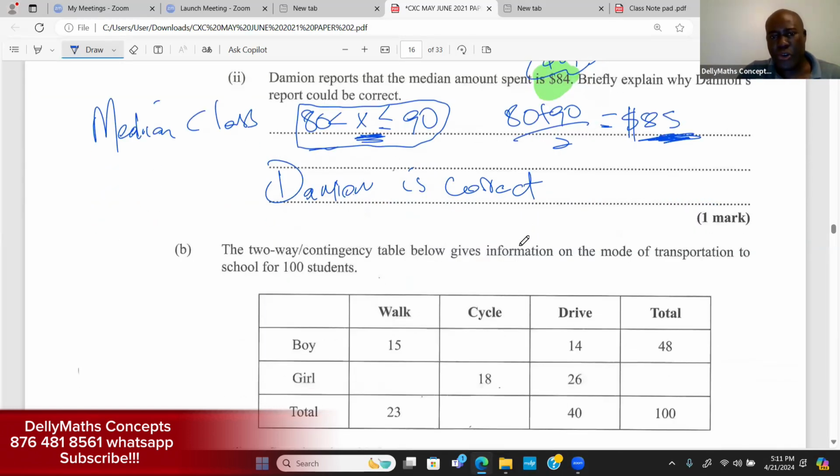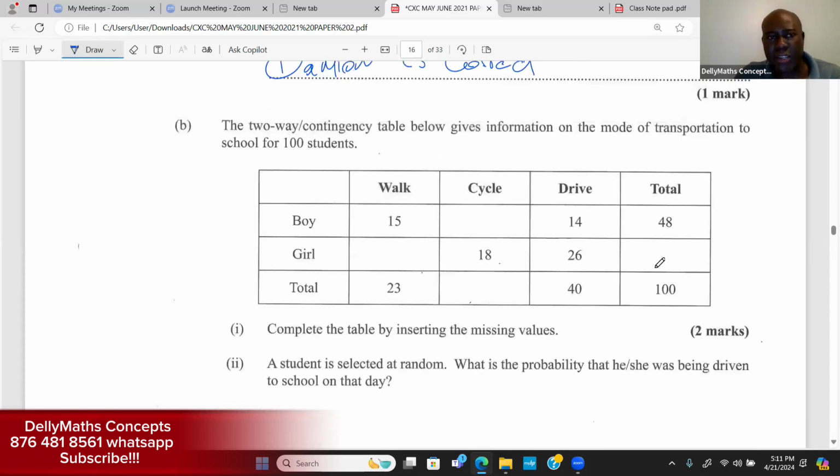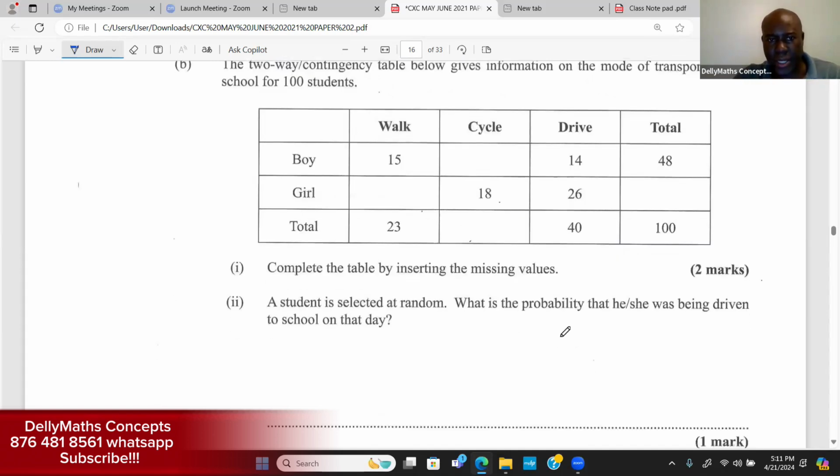All right. So we'll hold that. That's good enough info. All right. Let's take a look at this. We have the two-way contingency table below, which gives information on the mode of transportation to school for 100 students. We want to complete the table by inserting the missing values.